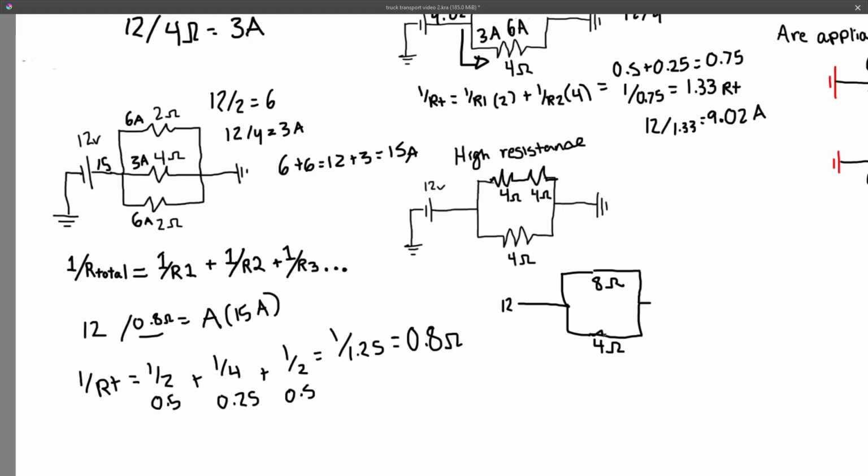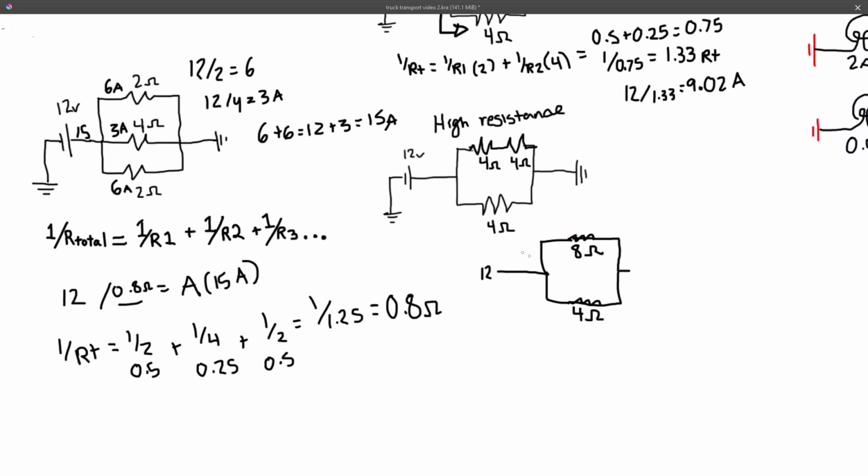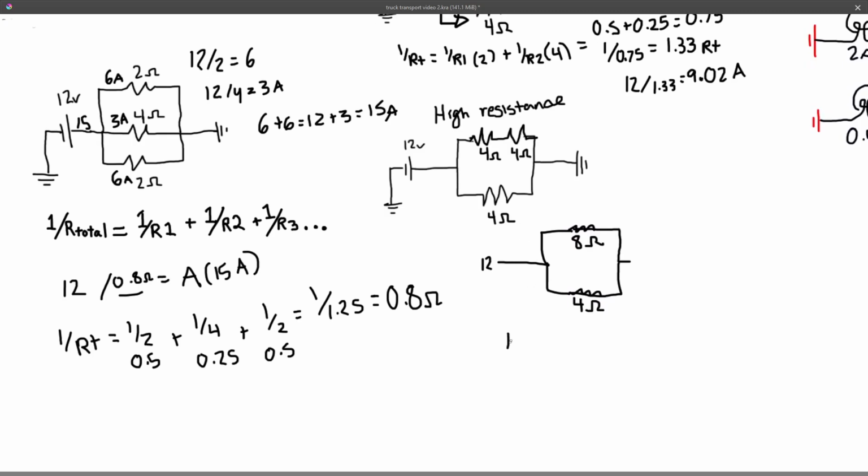Should have probably drawn some squiggly lines in there. Now we're going to do another circuit calculation because it's not the same. So we're going to go 12 divided by our total circuit resistance is going to equal our amperage.